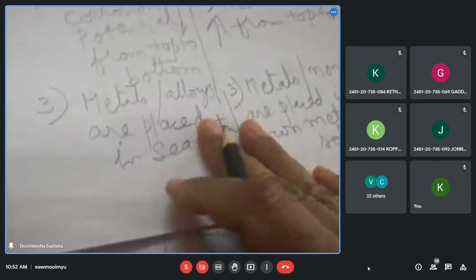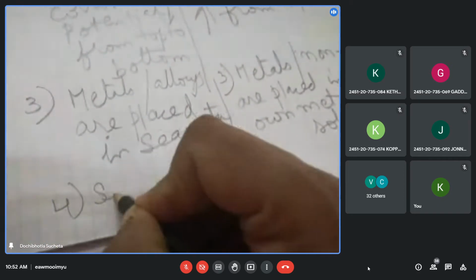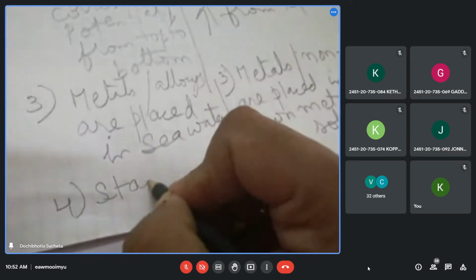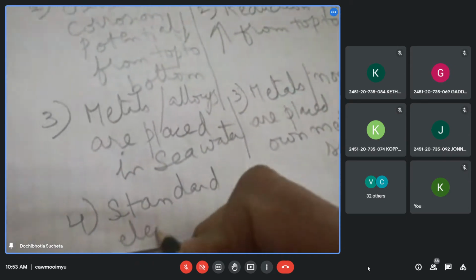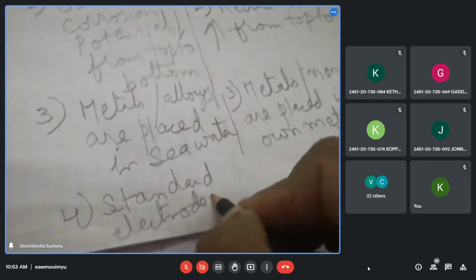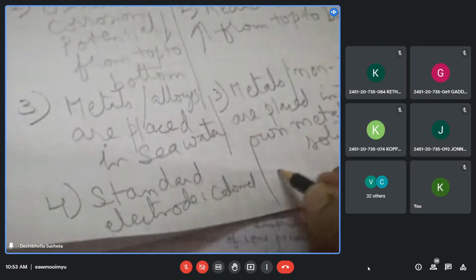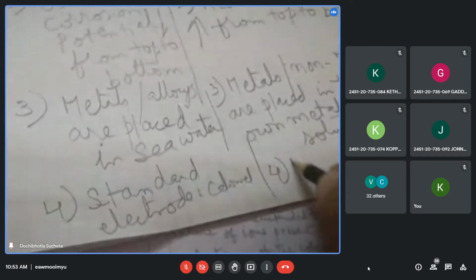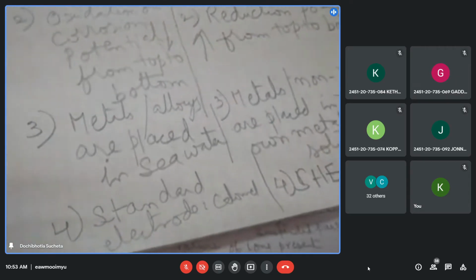Okay. Next. Here, the standard electrode is calomel electrode. Here, the standard electrode is hydrogen gas electrode.